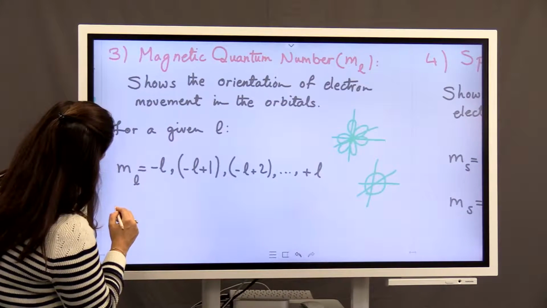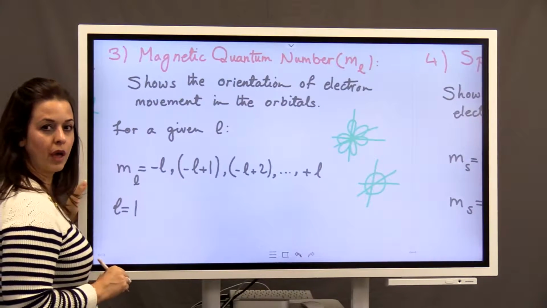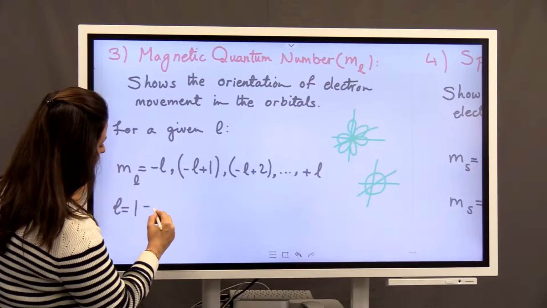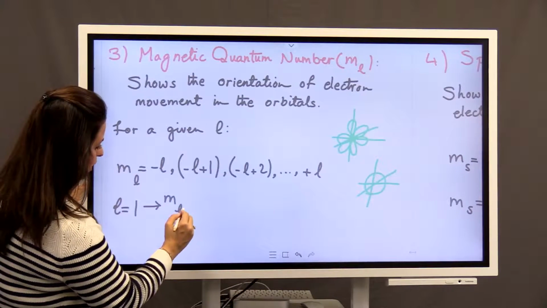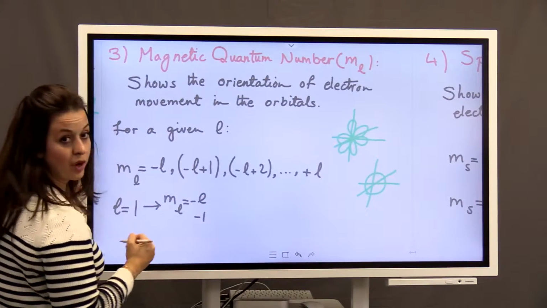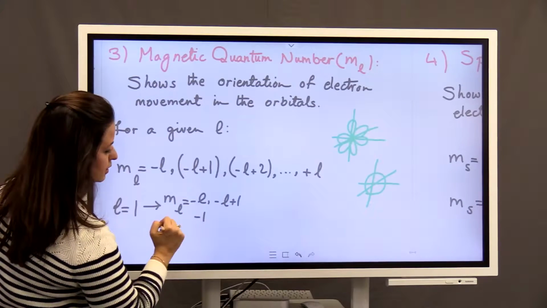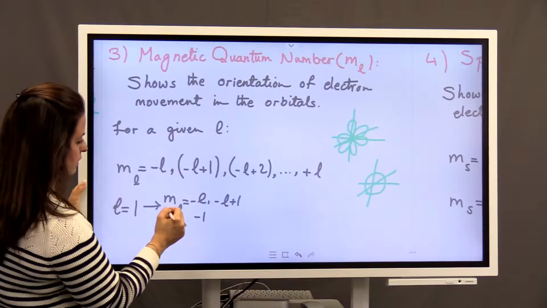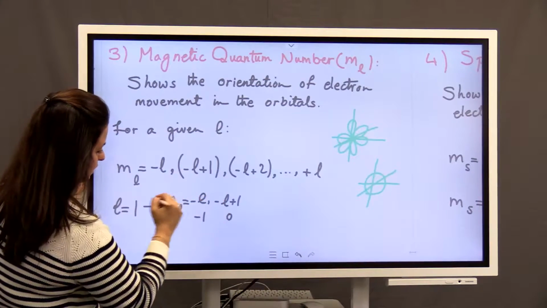Let's say I'm talking about L equals 1, okay? ML starts from minus L. Minus L is what? Minus 1, right? Minus L plus 1 is what? Minus L plus 1 is 0 here because L is 1.